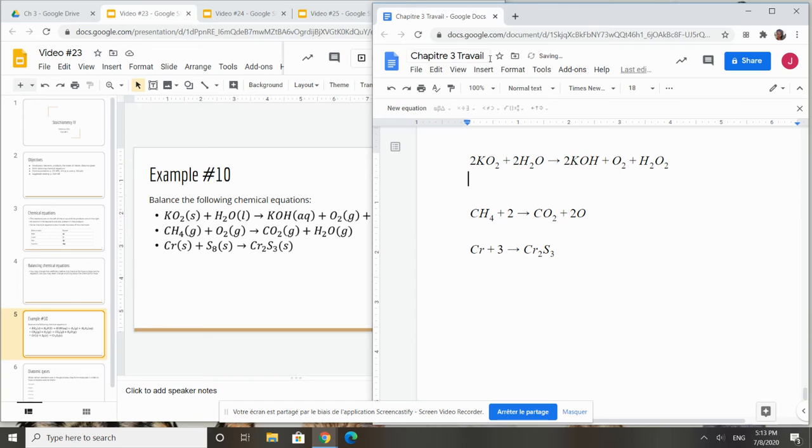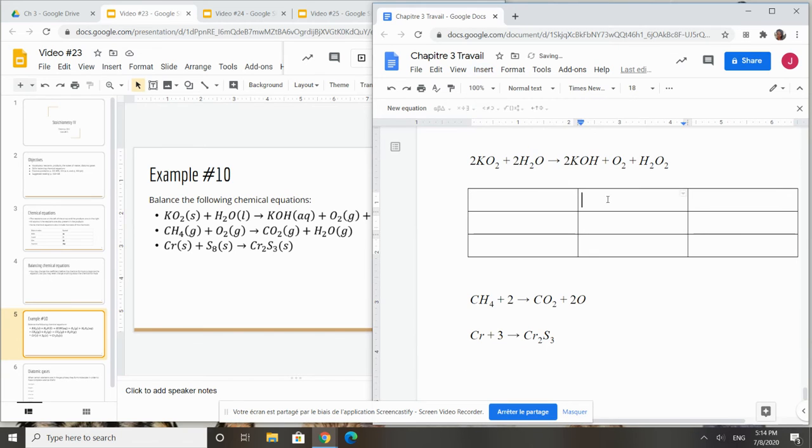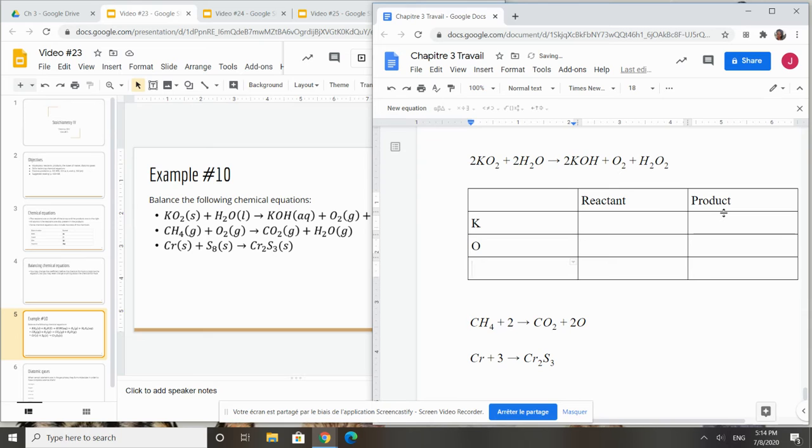One thing I like to do, at least for the harder type of questions, is make a little table to help us figure out if we did the answer correctly or not. It doesn't have to be big, and I just list all of the elements that are in the problem. In my reactants, I've got 2 potassiums.